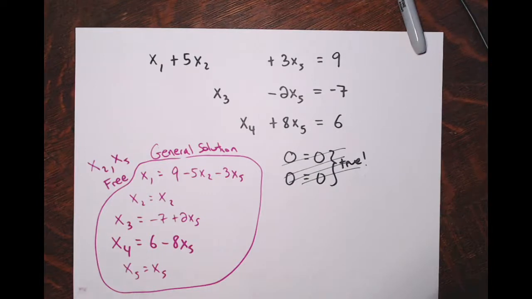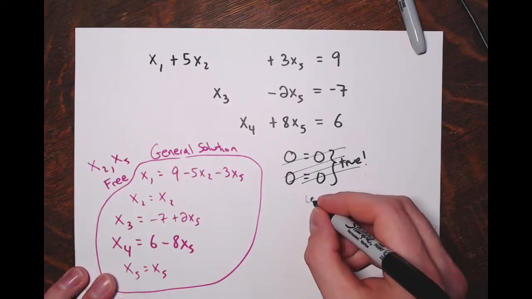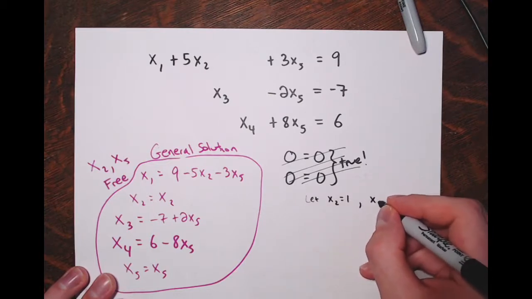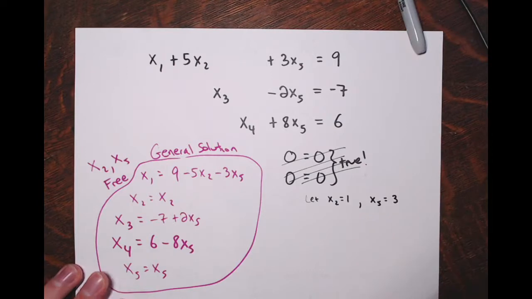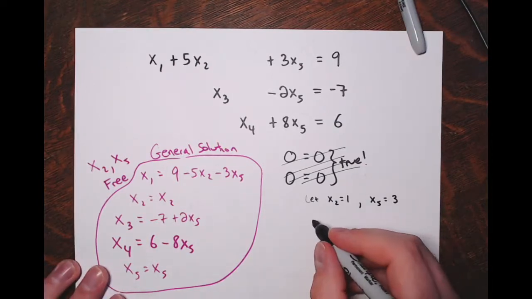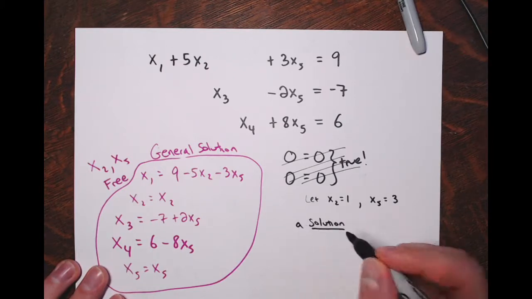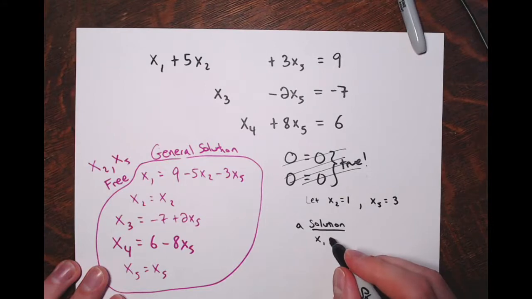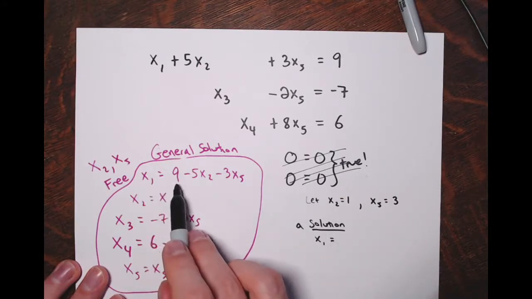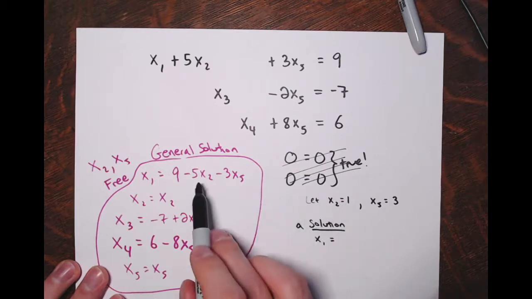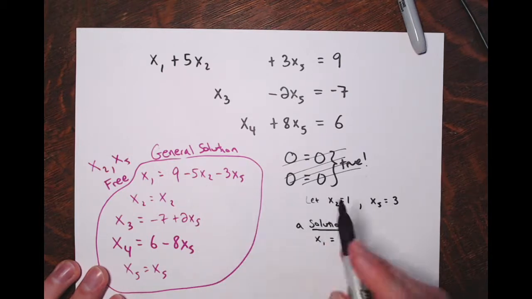Because you can replace x2 and x5 with anything you want. So for example, if I let x2 be 1 and x5 be 3, you can let x2 and x5 be any value you wish. Then a solution to this system would be x1 equals 9 minus 5 times 1, which is 4, and then minus 9, that's -5.